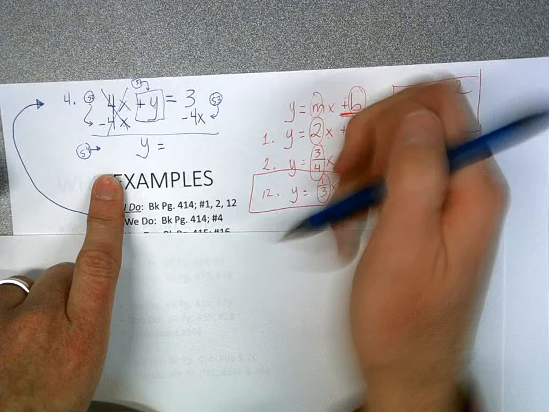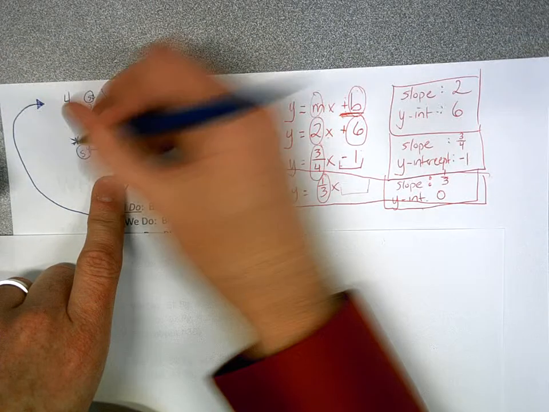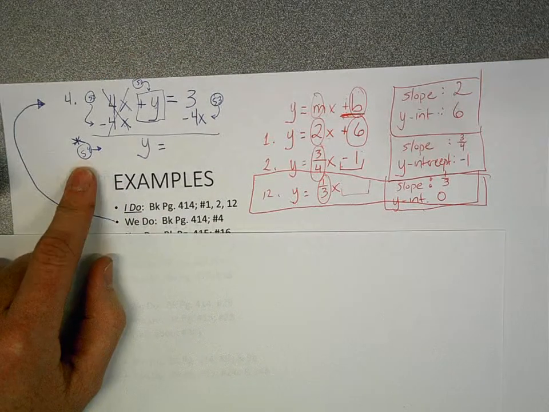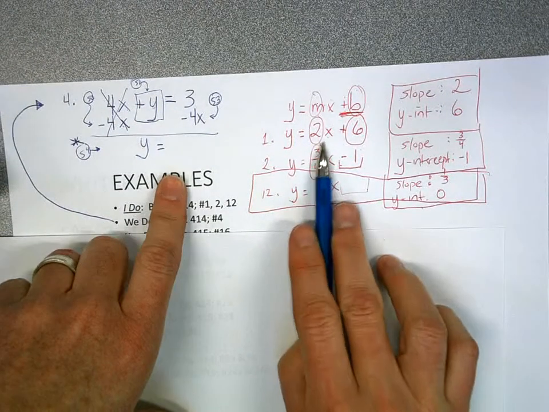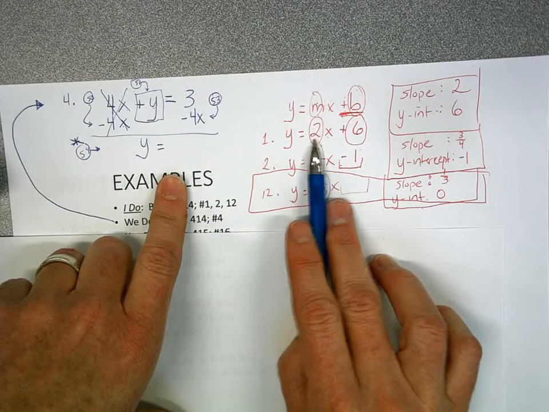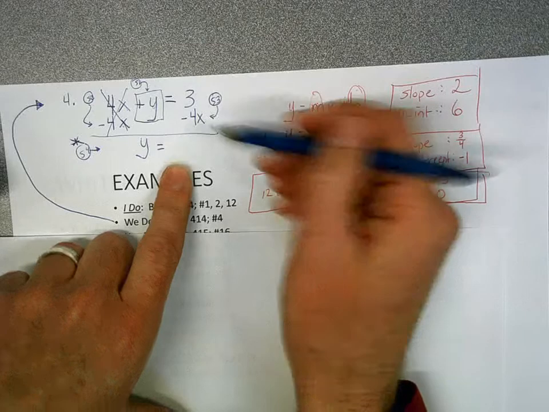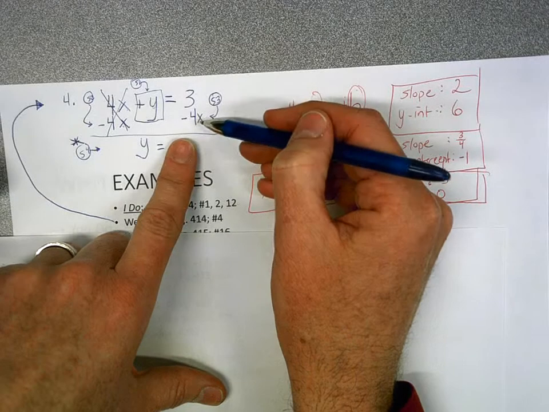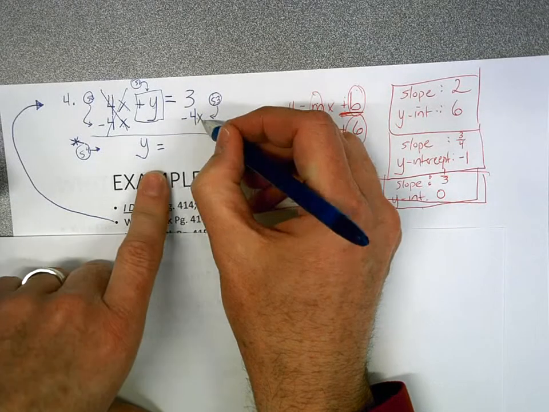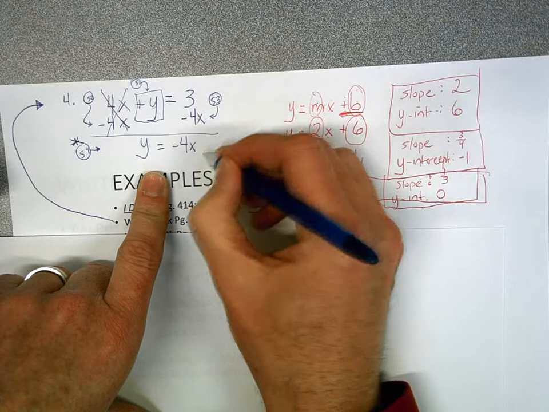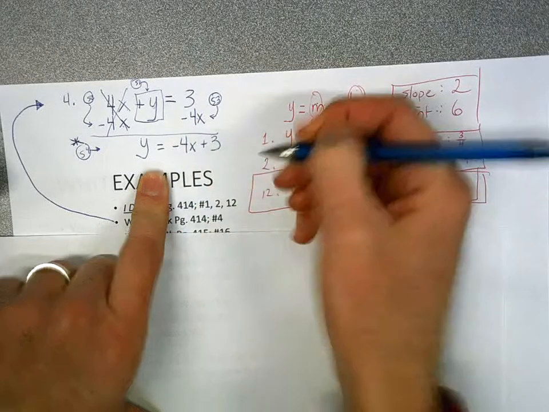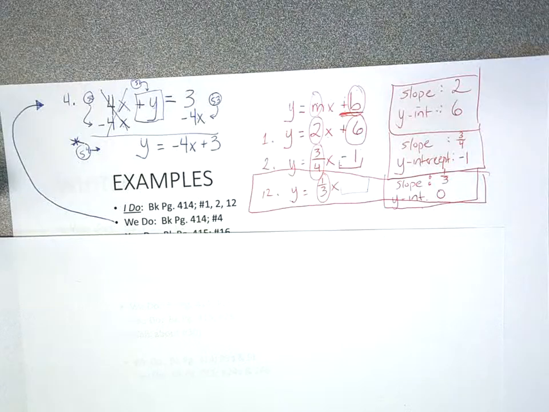I'm going to put a little asterisk by this step, because remember, the x with the coefficient is up front. So I'm going to use a little bit of commutative property: my negative 4x is going up front, and this positive 3 is going to go behind it, to the right of it.